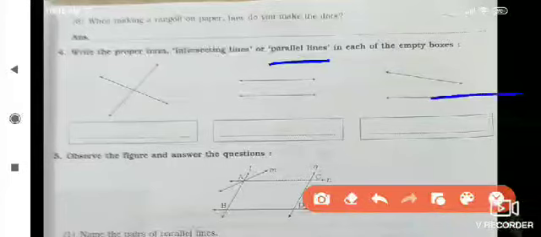For the third figure, if we extend the lines, you will notice that after some interval they intersect each other at one point, and that's why the third set of lines is called intersecting lines. Here it is parallel lines, and these are also intersecting lines.